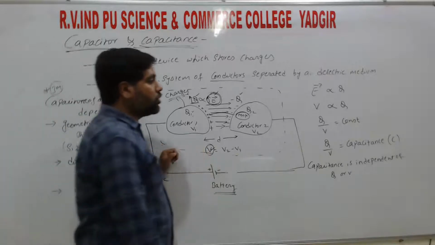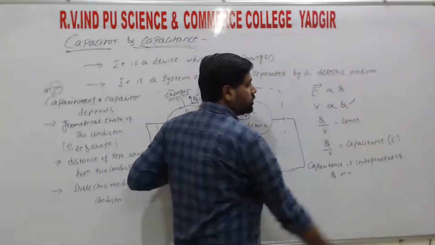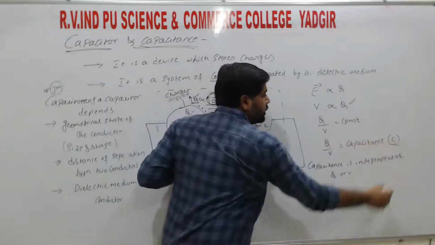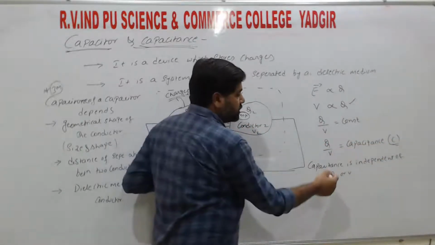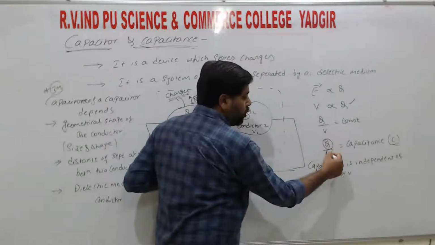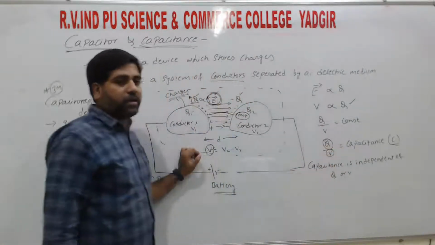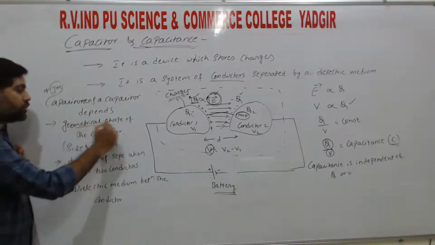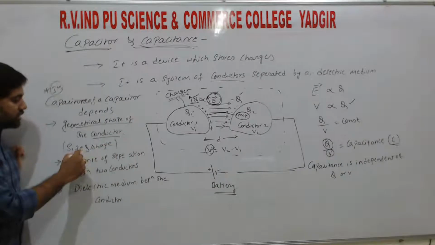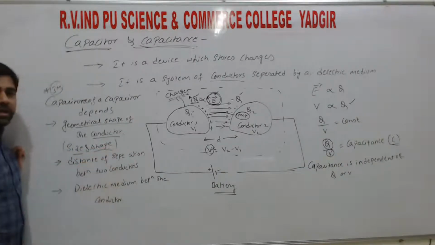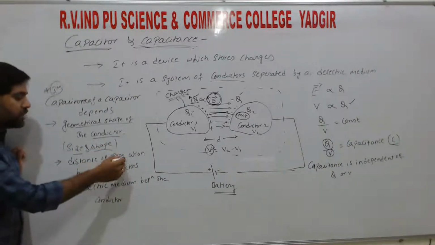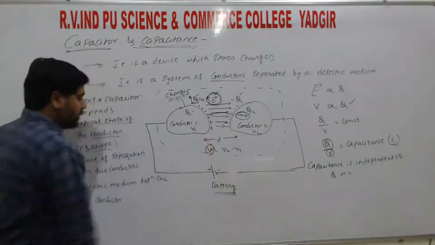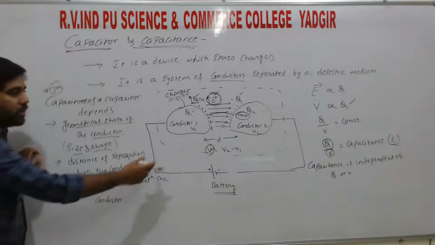That potential is also proportional to Q, and the ratio of Q by V we call capacitance, and this capacitance is independent of both Q and V. So the factors on which it depends are the geometrical shape of the conductor, that is the shape and size of the conductor; next, the distance of separation between the two conductors; next, the dielectric medium between the conductors.